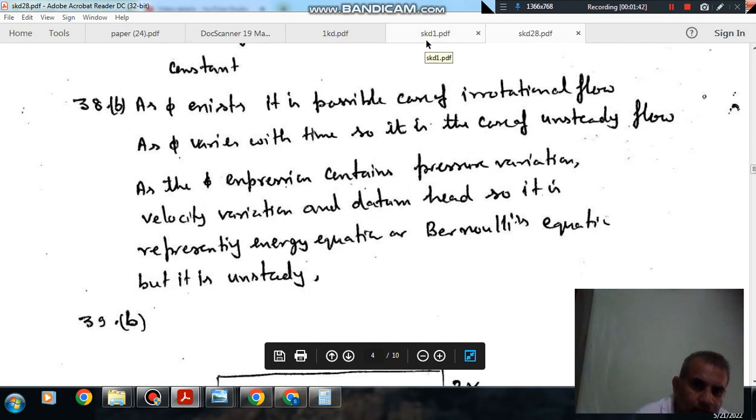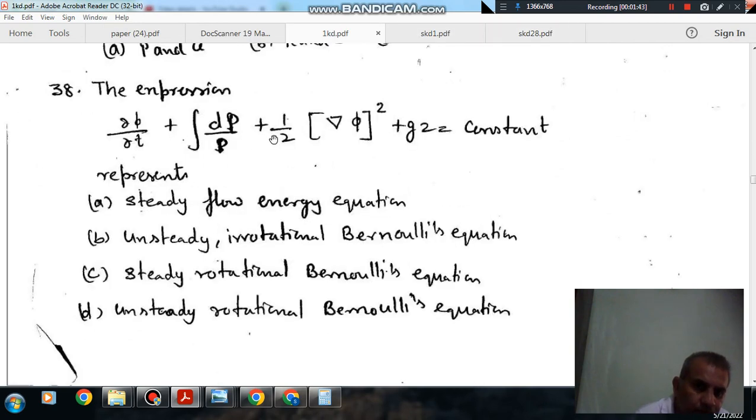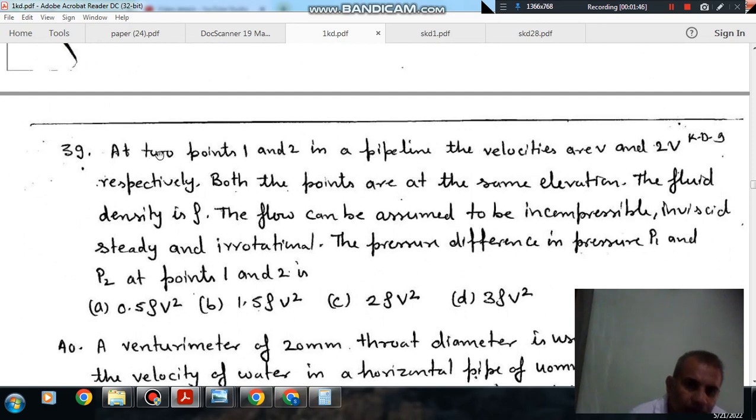Next, at 2 points 1 and 2 in a pipeline with velocities v and 2v respectively, both the points are at the same elevation. The fluid density is rho.